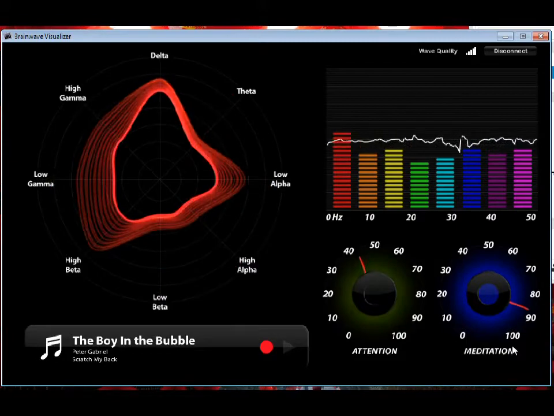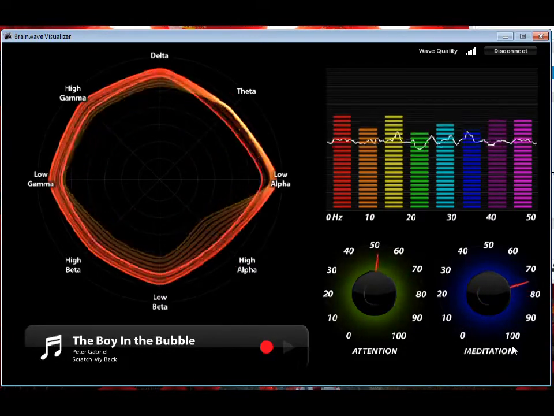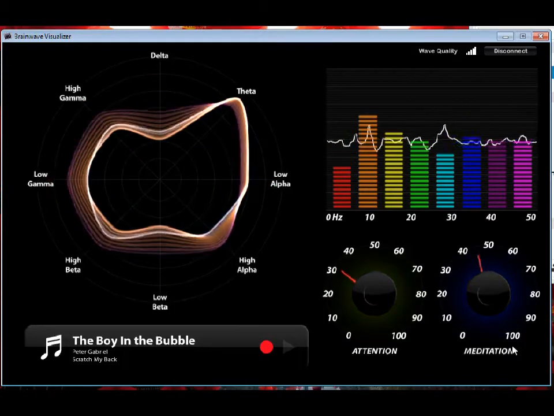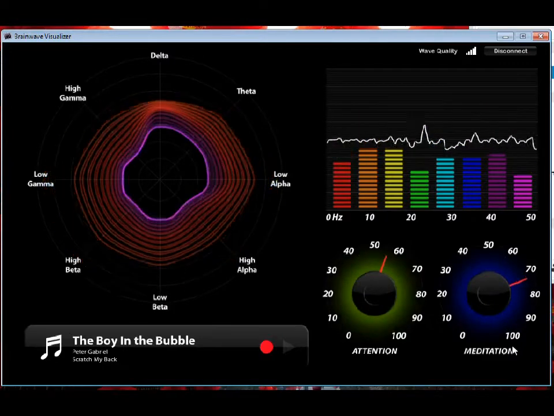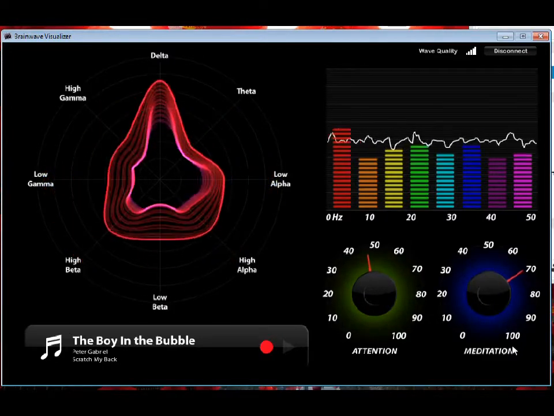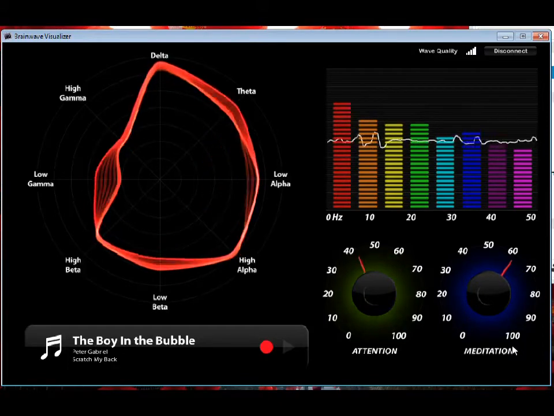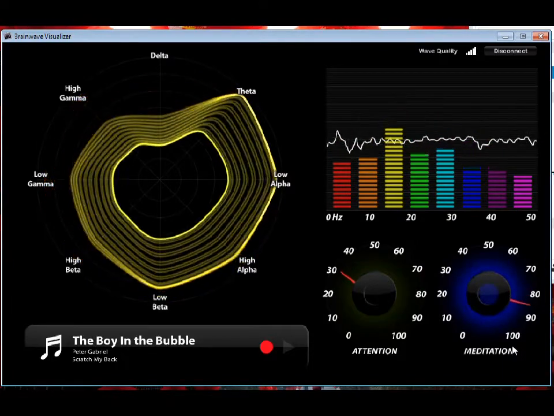But I did run some tests on other people, and they're not able to do this 70 to 90% range in the meditative state. They normally sit around 40 or 50, which is, I guess, normal, but I guess it's just a matter of how much you use your mind in different ways.